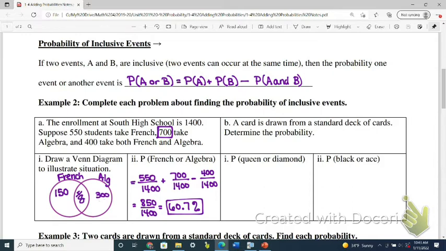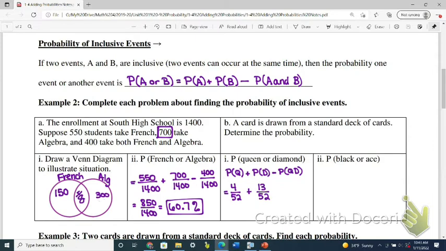So to do this, we're going to do the probability of a queen plus the probability of a diamond. But then I need to subtract the probability that I have a queen that is a diamond. So there are 4 queens in the deck. There are 13 diamonds in the deck.